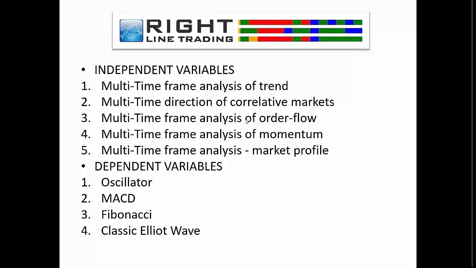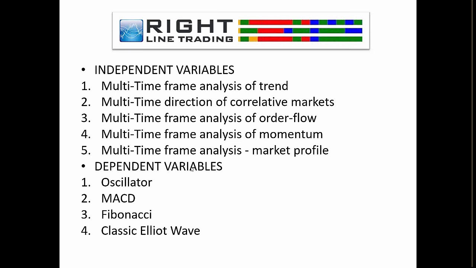Also, the multi-time frame analysis of order flow, which is a measure of buy-sell imbalance. Again, a measure of money flow. The multi-time frame analysis of momentum. And then we have to leverage volume, and we do that via the use of market profile.